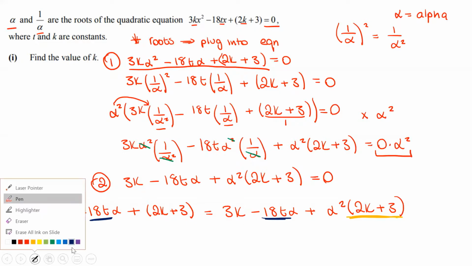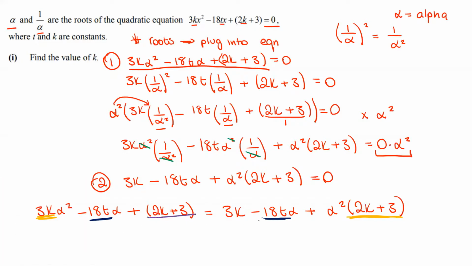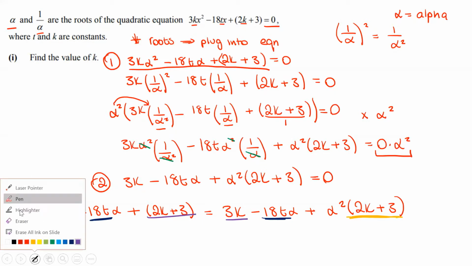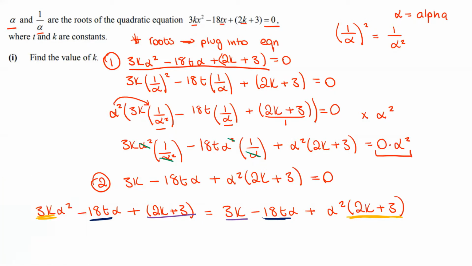And then as well as that, the normal numbers must be equal. We could look at any one of them, but let's just have a look at the numbers in front of the alpha squareds. So the number in front of this one, the left hand side, 3k, that must be equal to the number in front of the alpha squared on the right-hand side, 2k plus 3.